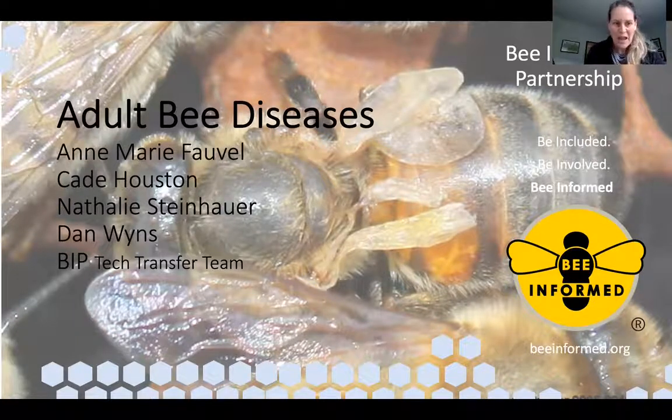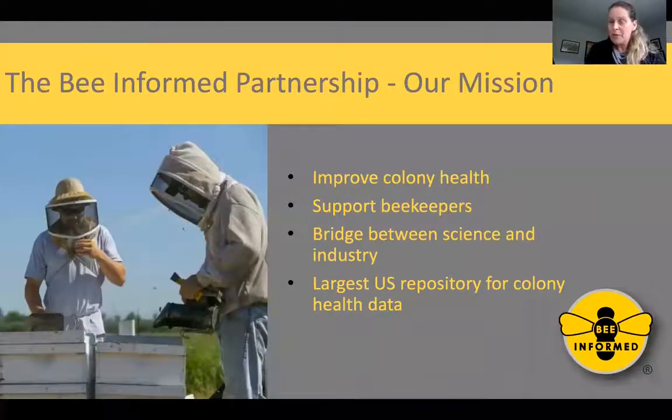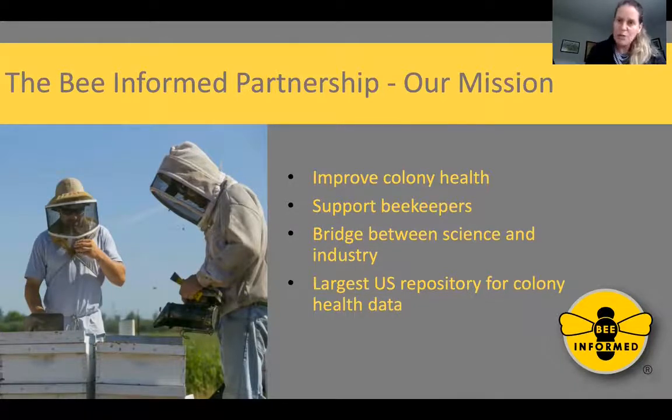The Bee Informed Partnership, for those of you that don't know, has the great mission of improving colony health. We try to do this by bridging the gap between science and industry, and we do this even more so by supporting beekeepers in their practices. The Tech Transfer Team program, one of our many programs, has field specialists in 5 hubs in the US.